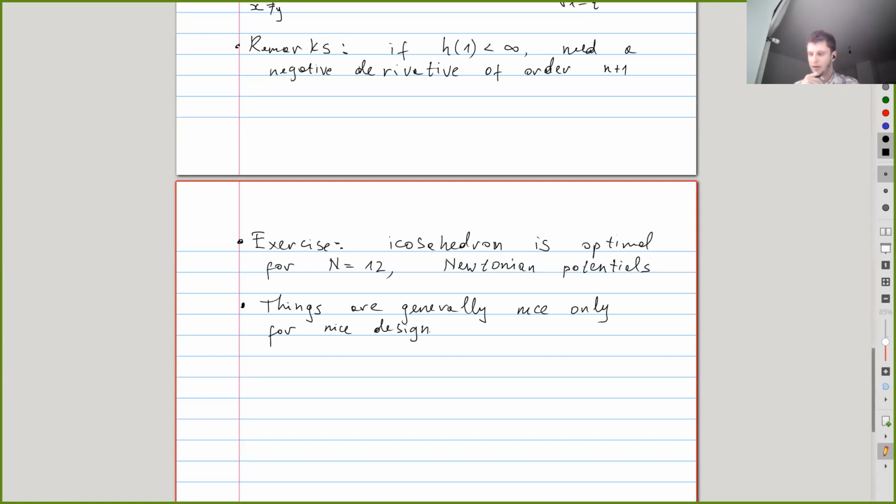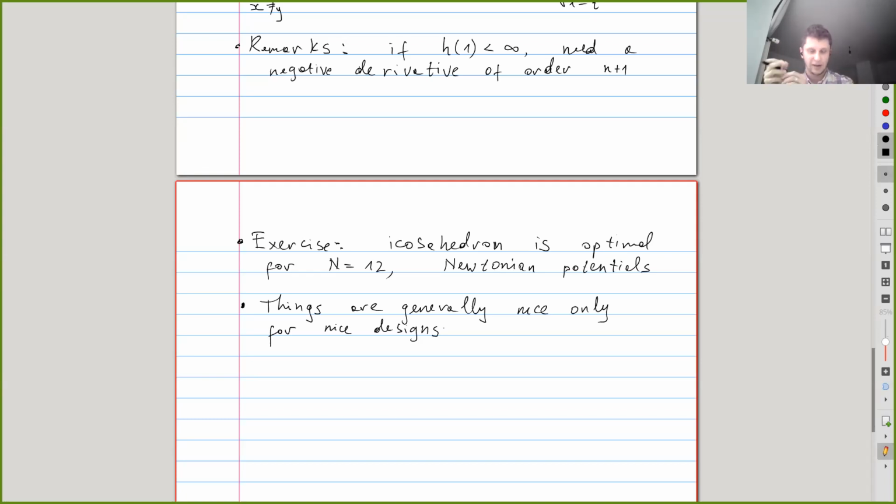Right, and that's where the entire theory of quadratures and so on comes in. So as Doug explained, there are some configurations which integrate polynomials on the sphere. And so basically things work out only for these super nice configurations.